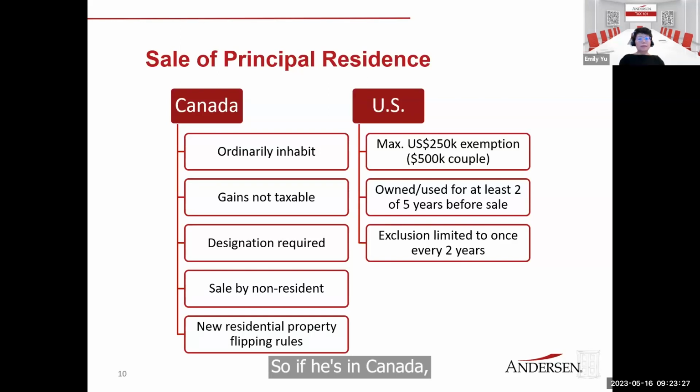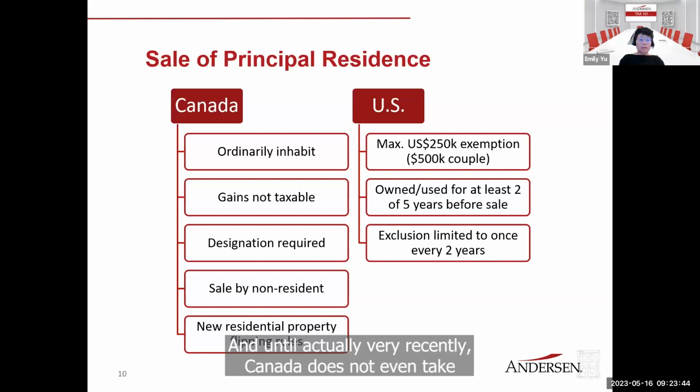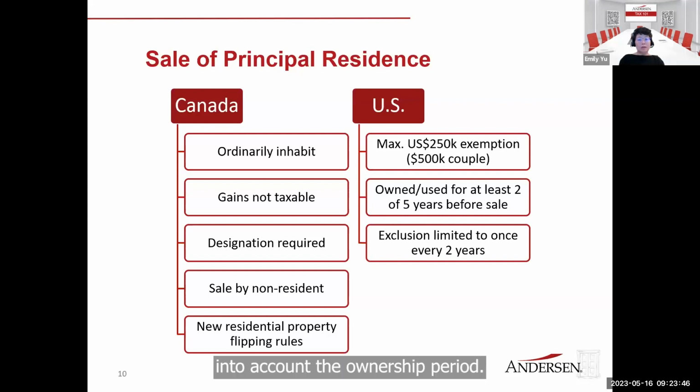In Canada, if the taxpayer has always used this property as their principal residence, Canada provides a full principal residence exemption, and because of that, the gain is not taxed at all. Until very recently, Canada did not even take into account the ownership period.